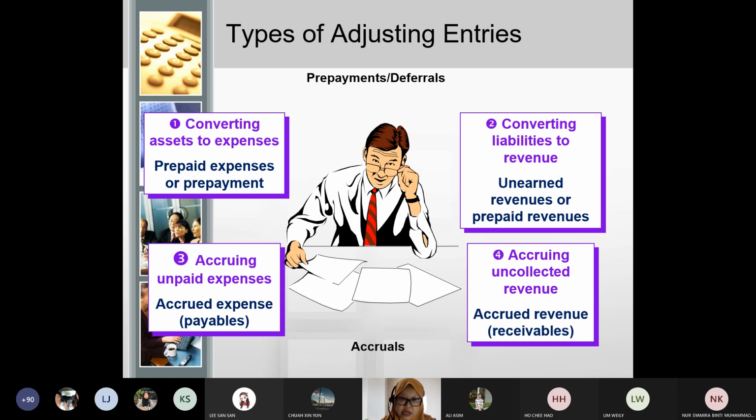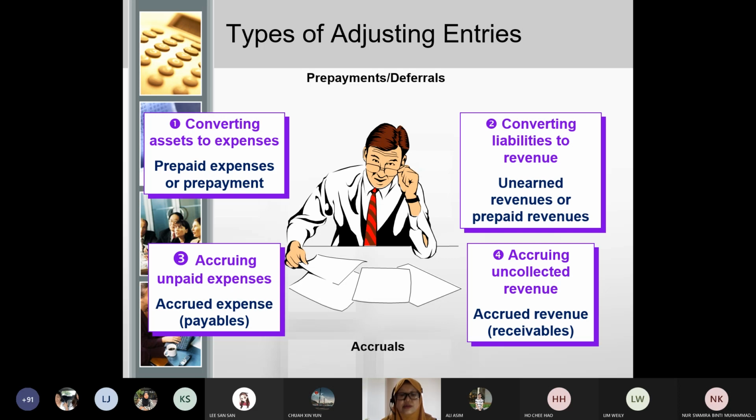This category includes the accrued expenses, or we also call them payables. Like if we have accrued salaries, we also call it salaries payable. So it's the same thing. And also accrued revenues, or we call them receivables. You have to understand that in accounting there are many different terms, but the same thing.